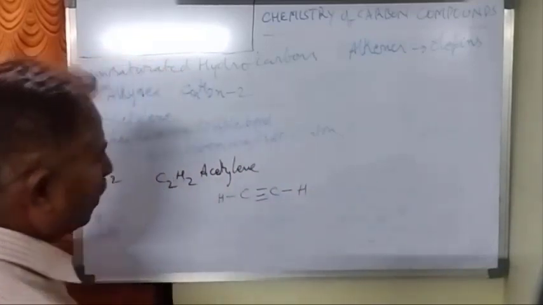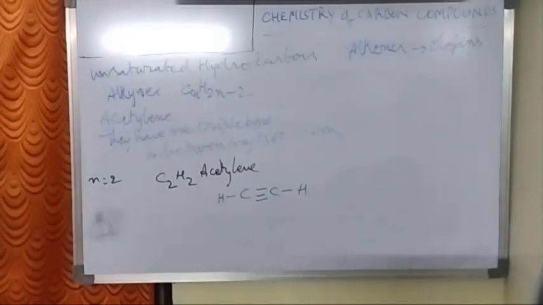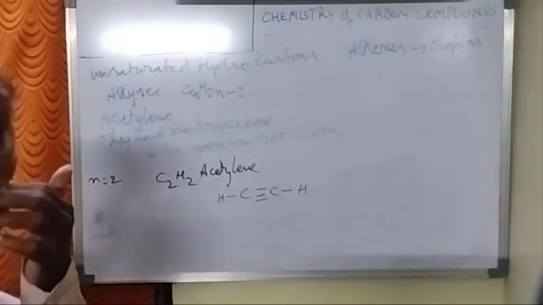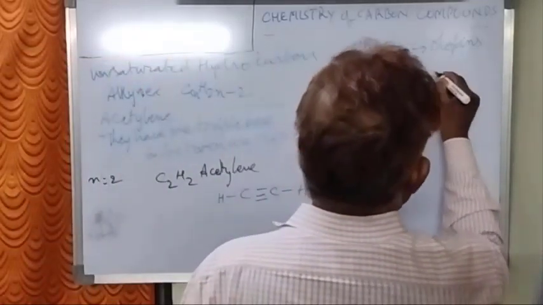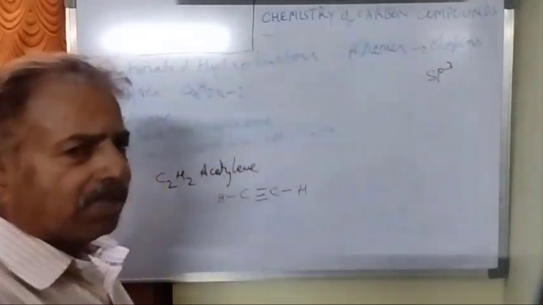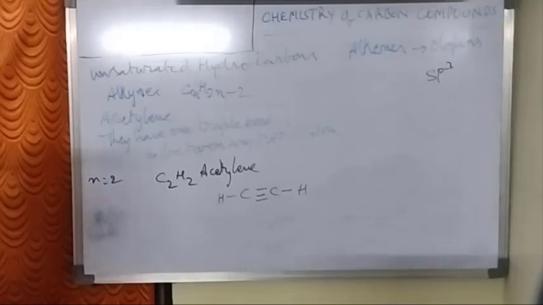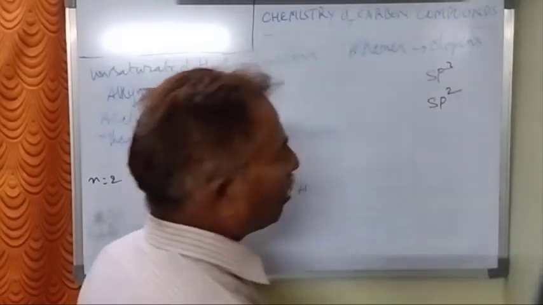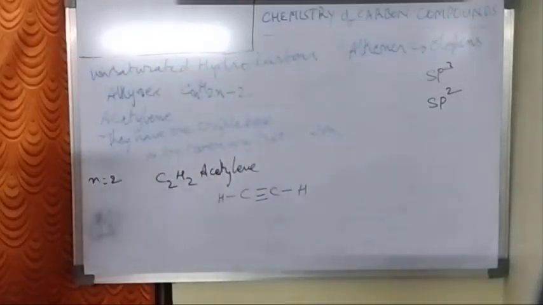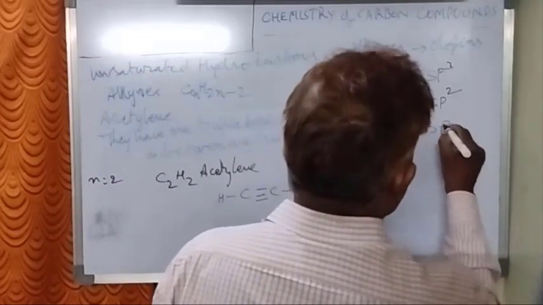Right. And keep one point in mind: in alkanes, all carbon atoms are sp3 hybridized. In alkenes, the carbons having a double bond are sp2 hybridized. Whereas in alkynes, the carbons having a triple bond are sp hybridized.